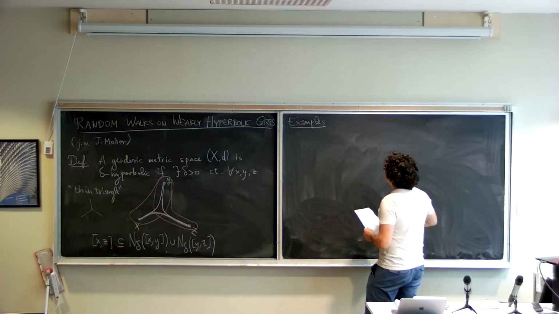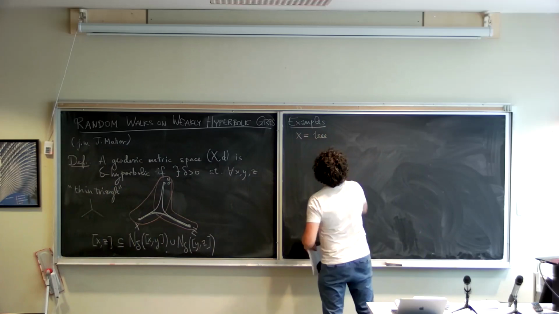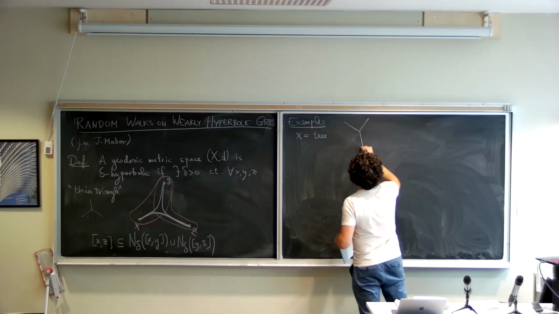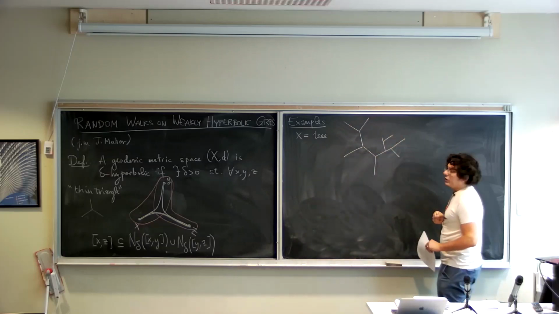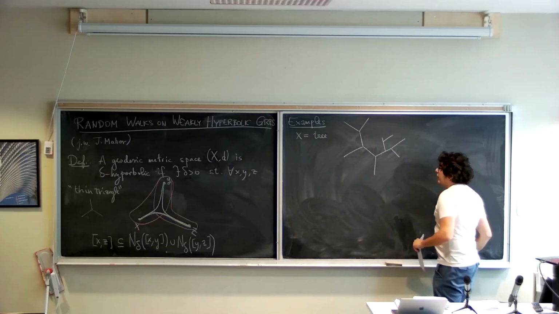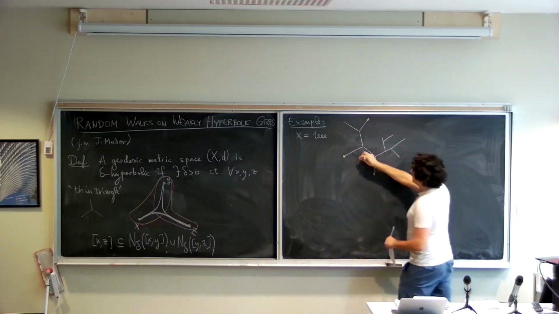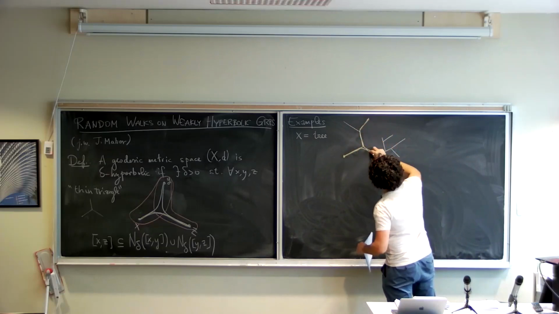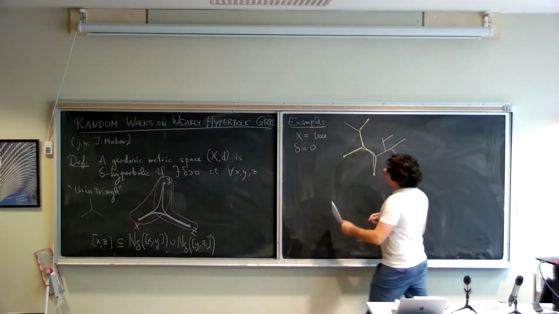The most famous example would be if X is a tree. It could be an infinite tree or a finite tree. If X is a tree, basically every triangle is zero thin, because for every 3 points, if you draw the geodesics, you'll get a tripod. So here delta even equals 0, but in general, delta could be nonzero.